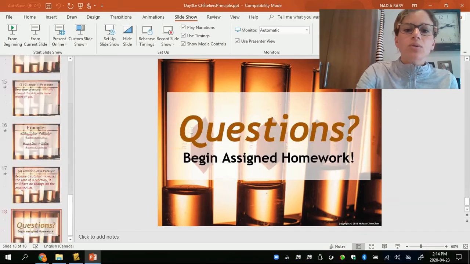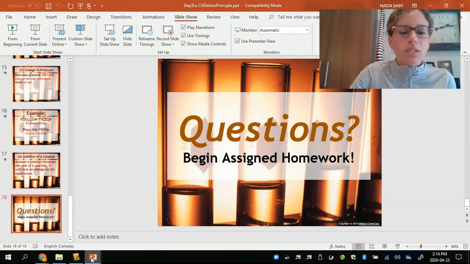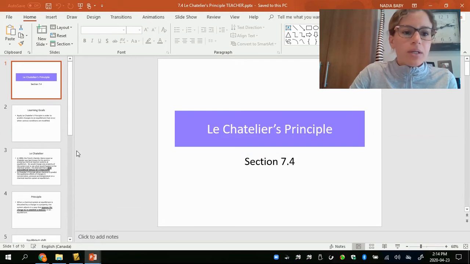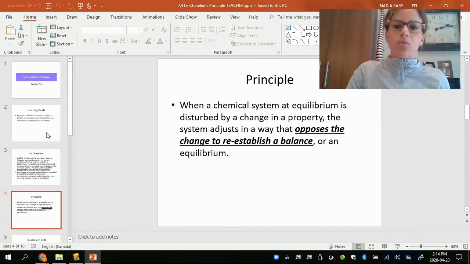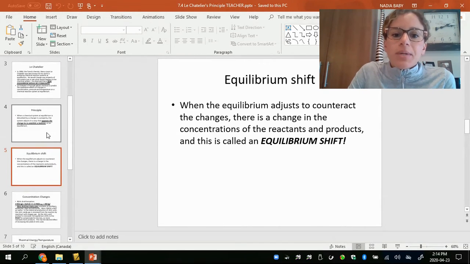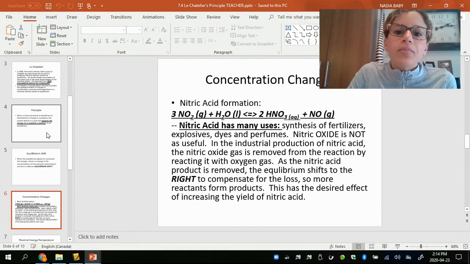Okay, so let's go to the next PowerPoint that I posted, and this will be your assigned questions. You can go through it if you want. It's just a little bit more notes, but it's basically the same idea as that first PowerPoint, which is a little bit more visual. This is a good example here with nitric acid formation.